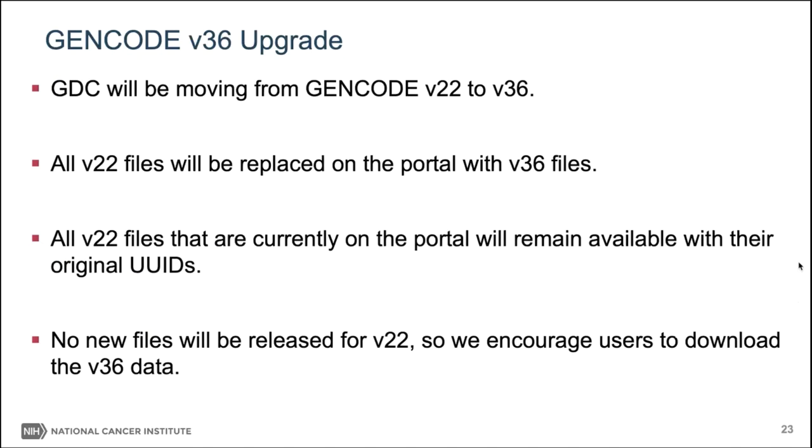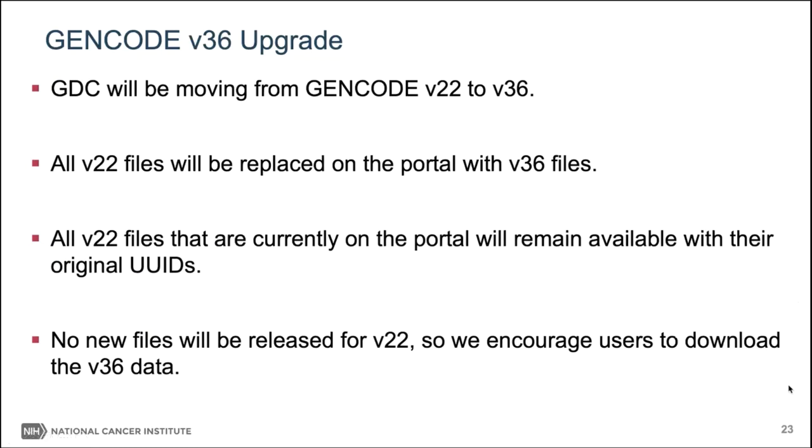All of the version 22 files that are on the portal will remain available with their original UUIDs. You won't see them on the portal, but if you happen to have a manifest or if you need to query them, you will be able to do so. And I do want to let you know that no new files will be released for version 22.